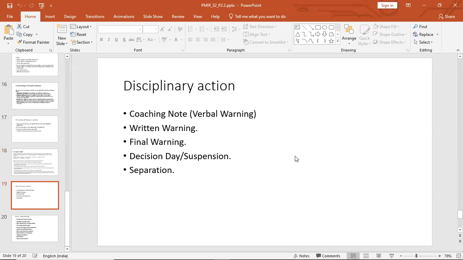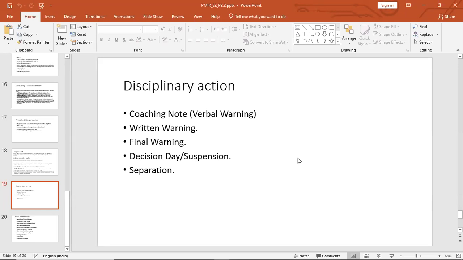Then we studied disciplinary action. What action do you need to take against an employee? Once you go through the charge sheet, if the employee has made a mistake, you want to punish or take some action. Based on the mistake and the allegation, you decide the action, whether it is something you can do through coaching, warning or suspending.